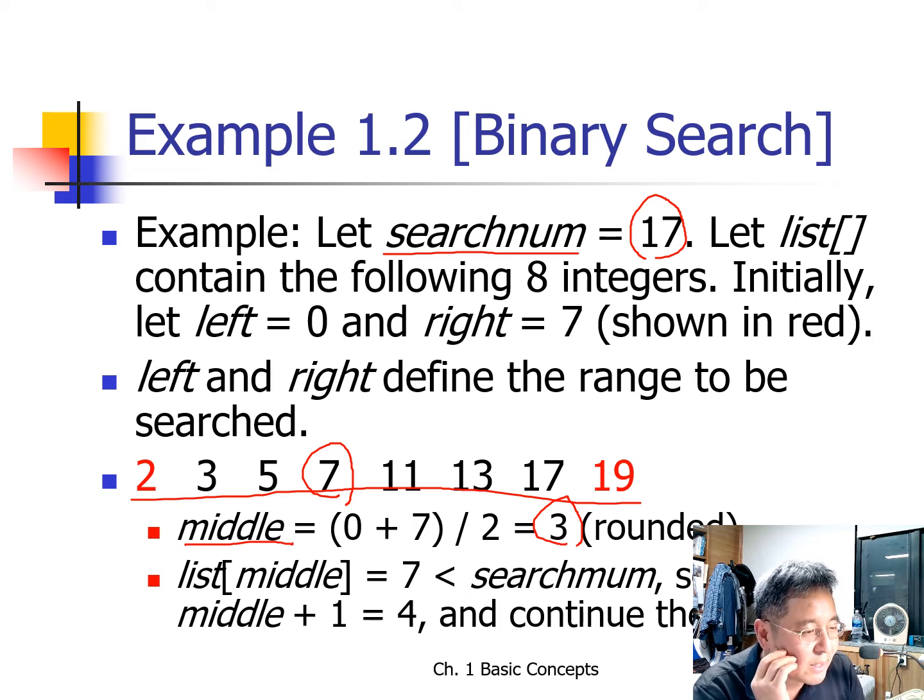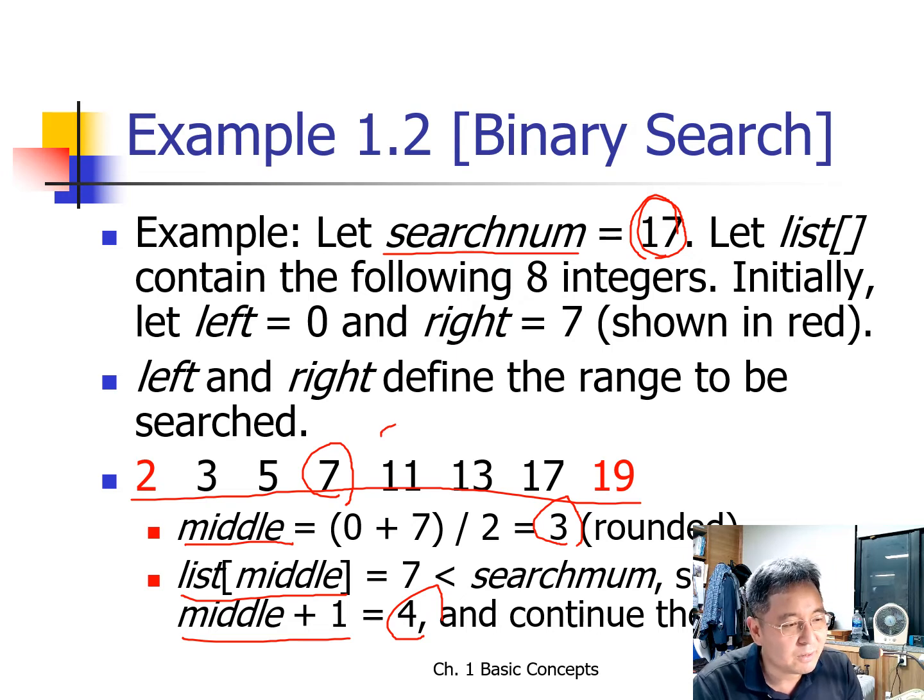So we will compare list middle, which is 7, and such num is 17. 17 is greater than 7. So we will move the left index to middle plus 1. In other words, middle was 3, so plus 1 means 4.